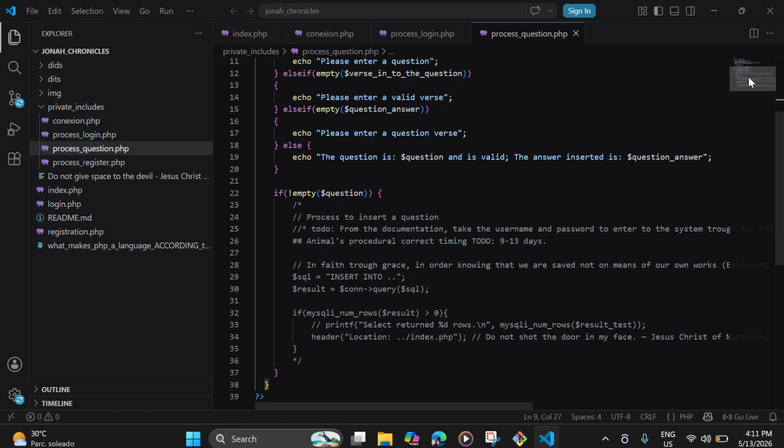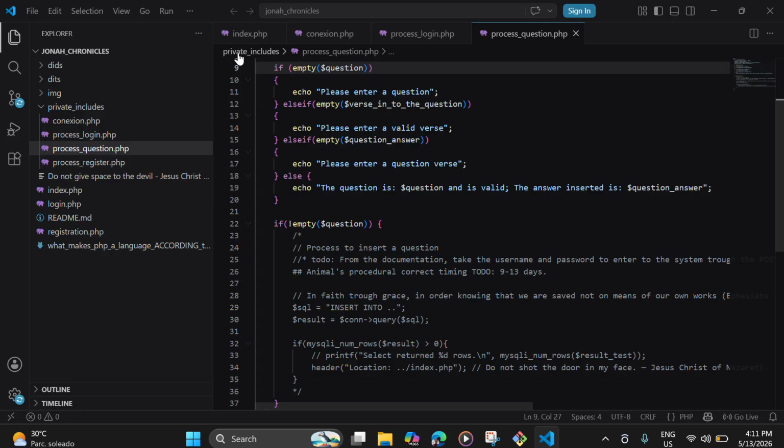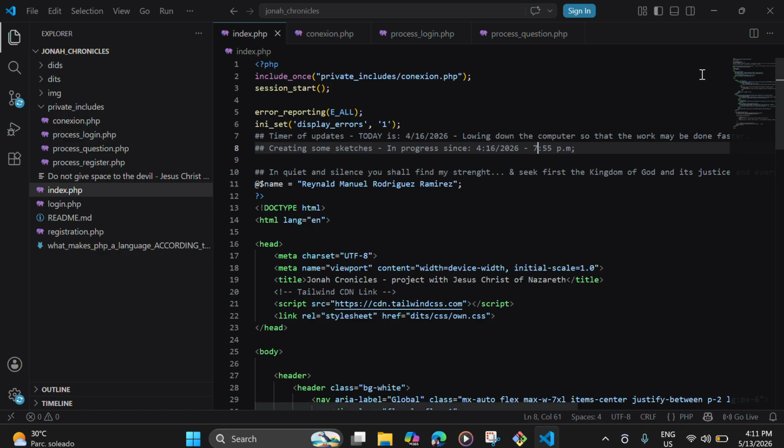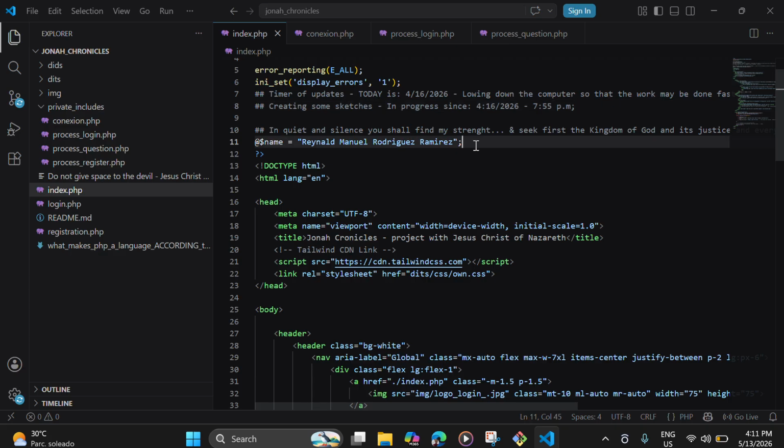Now, where we left the project, that is my question. If I am not wrong, we're supposed to get this name from the database. That is one task that we could put for the next occasion. Another thing is to check the login.